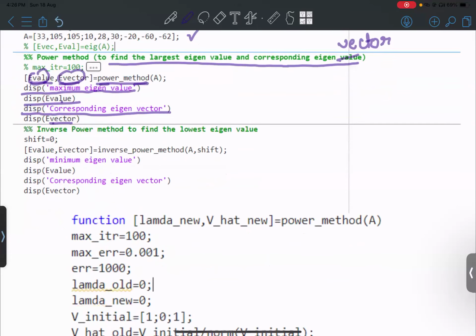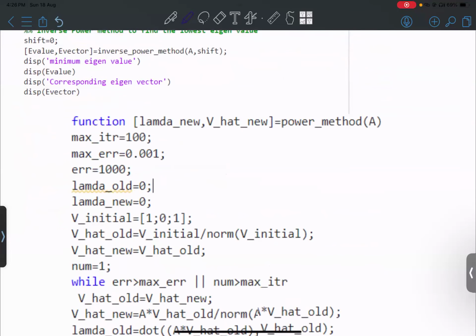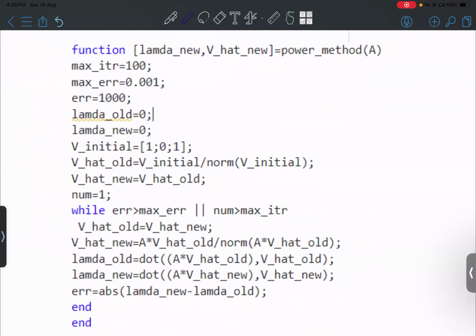So let us see what my power method function is. This is the function definition. It will return lambda and v hat new, and it takes input A. I have defined that I do not want to go beyond 100 iterations.